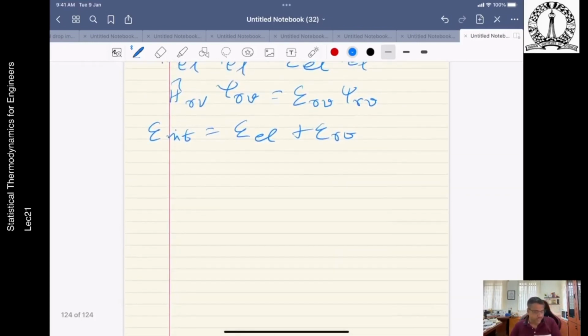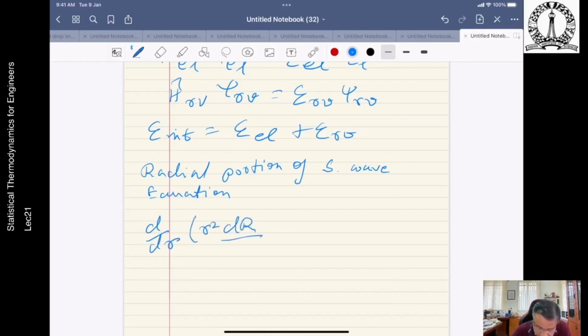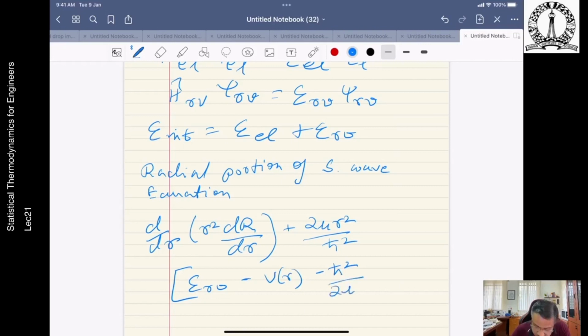Now if we do this, the radial portion of the Schrödinger wave equation becomes d by dr of r squared dR by dr, plus 2 mu r squared by h bar squared times the bracket, E rotation-vibration minus V(r), minus h bar squared by 2 mu r squared times j into j plus 1, into R equal to 0.